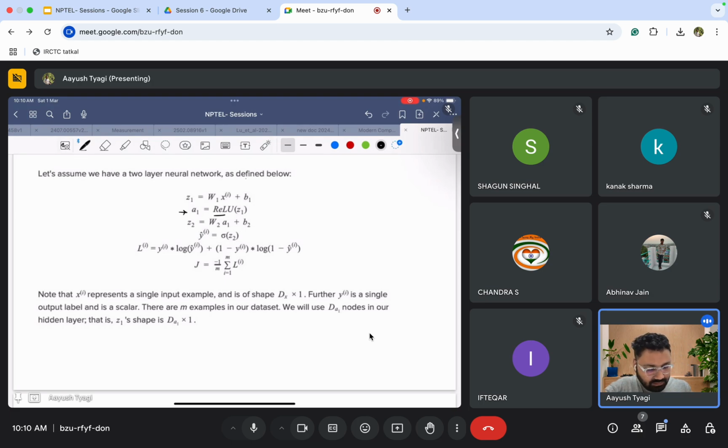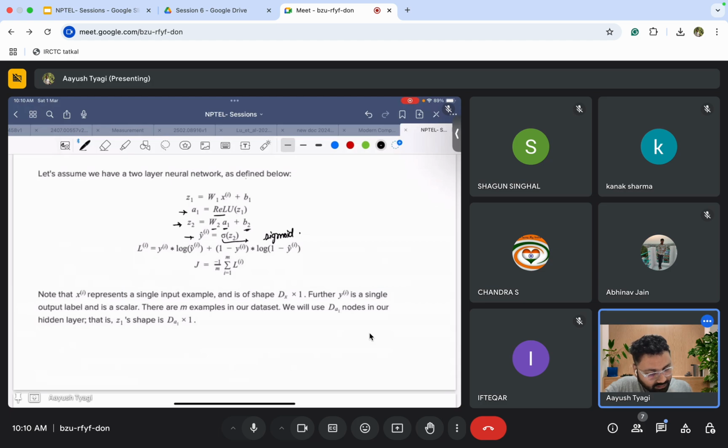Then you pass this A1 to the next layer. In the next layer, you multiply with W2 and add bias. You get the intermediate representation after layer 2. And then you apply a sigmoid activation on Z2, and you get your output.